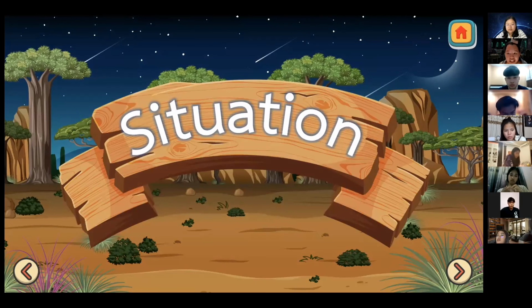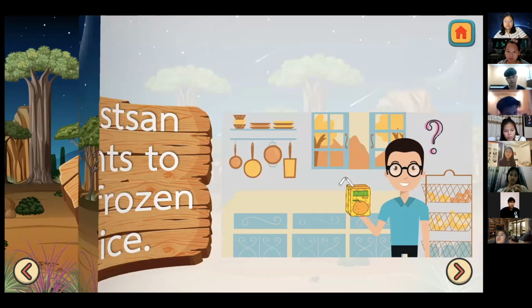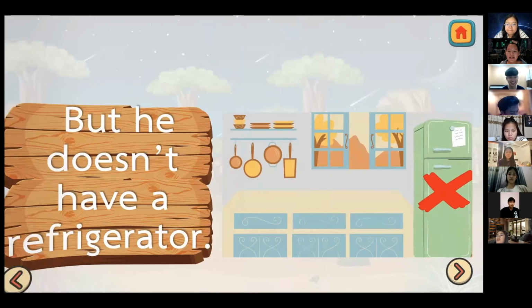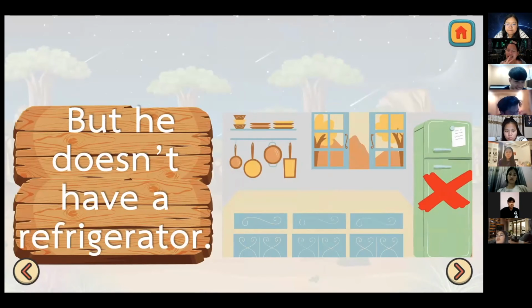The situation. This man with the glasses is named Gatsang. Gatsang wants to eat frozen juice. But he doesn't have a refrigerator.